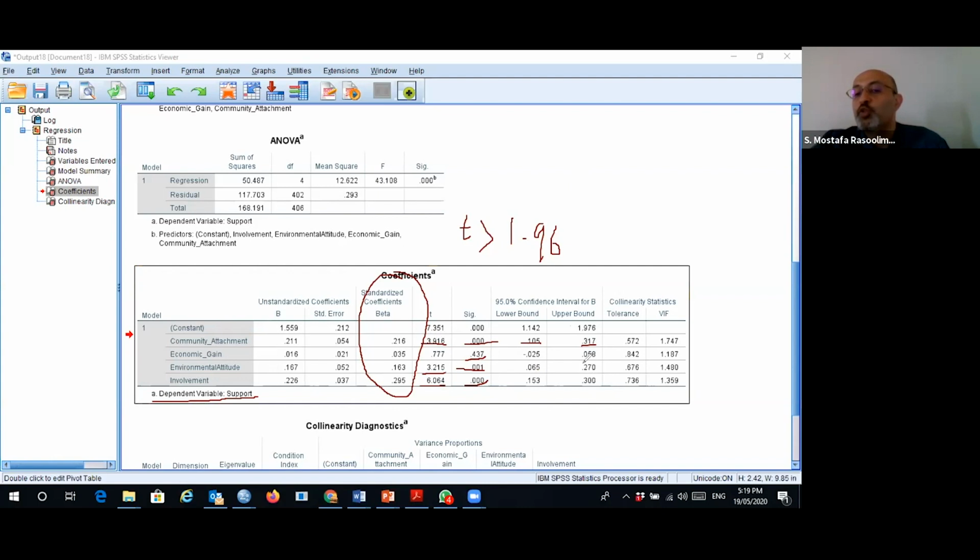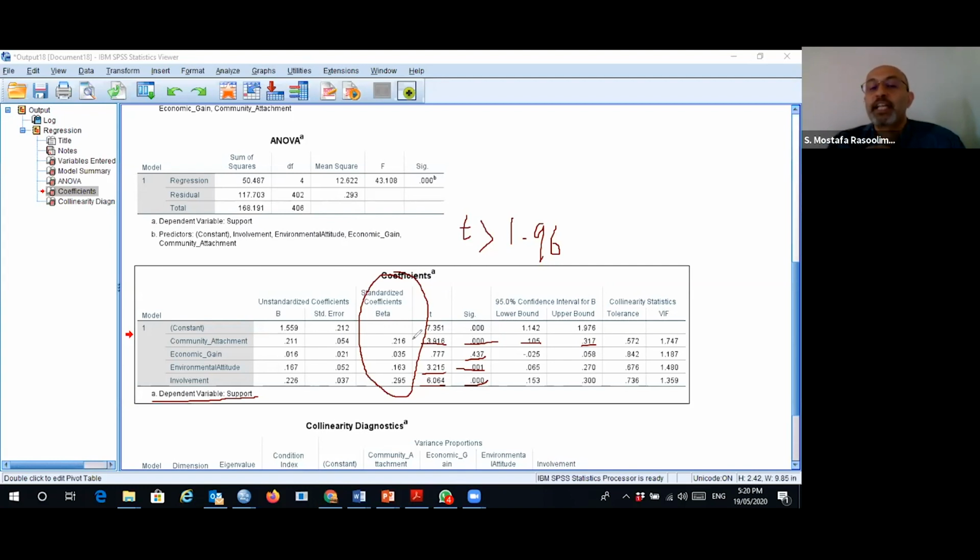And for these two, lower level and upper level are positive, and 0 is not between the lower bound and upper bound. So the effect of community attachment on support is significant based on t-value, p-value, and confidence interval. And the value is 0.216, so there is a strong effect of community attachment on support.